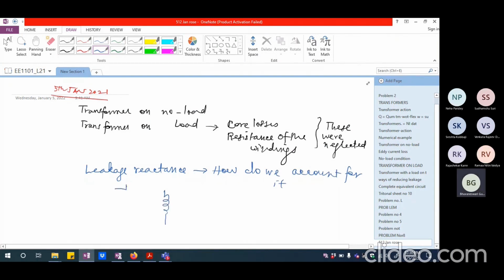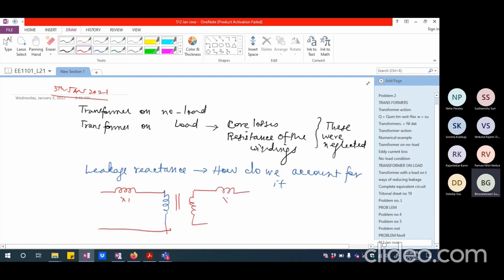Along with that, we were taking a reactance in series, and the reactances we called as the leakage reactance. So this is X1, let's say. And you are going to have this as X2, and X2 is the leakage reactance of the secondary winding, and X1 is the leakage reactance of the primary winding, and I am indicating the core by these two lines. Whatever two lines I am indicating, that is iron core that is being indicated.